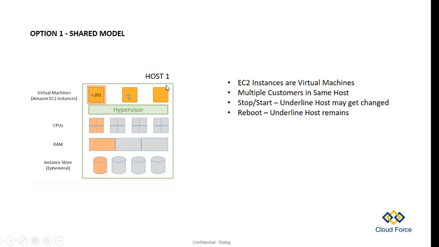In the shared model, say your EC2 instance is I201. If any other customer provisions an EC2 instance from their account, it may be placed in the same host because the infrastructure is shared. That's why multiple customers can be provisioned in the same host.